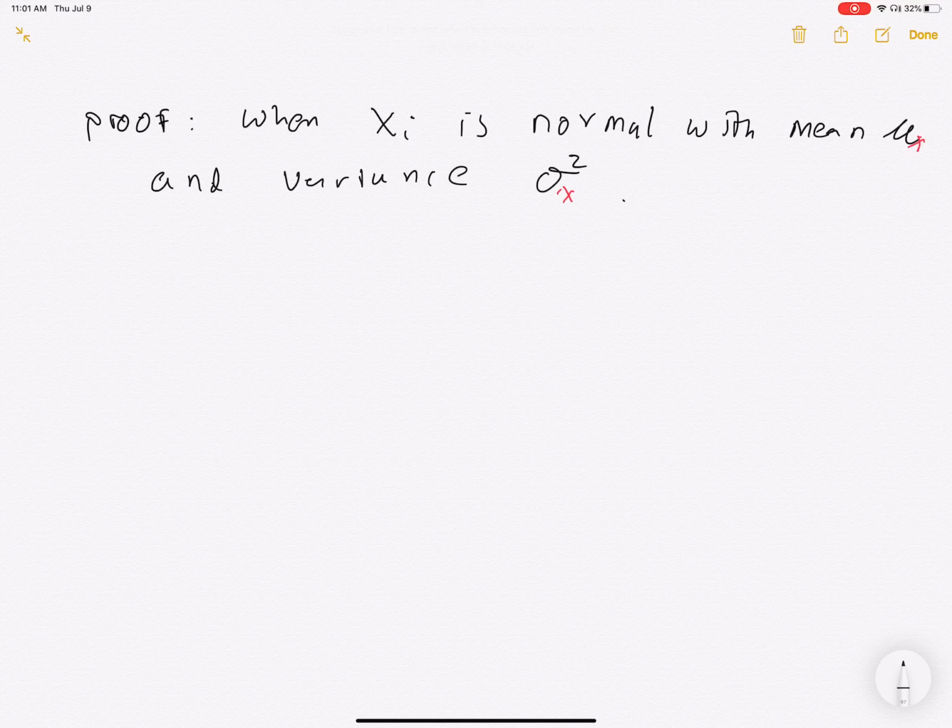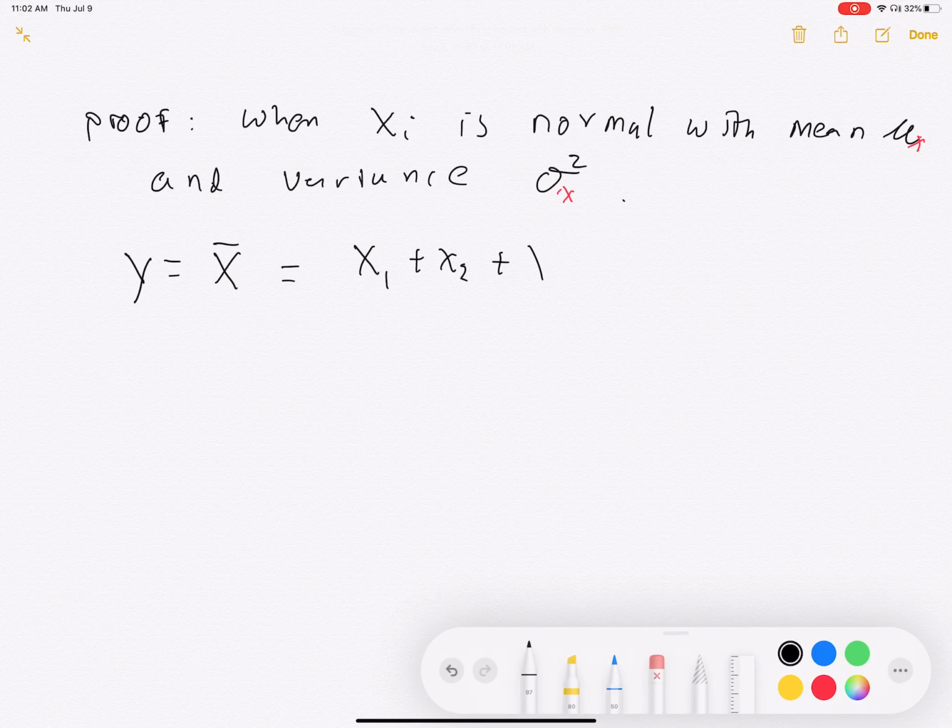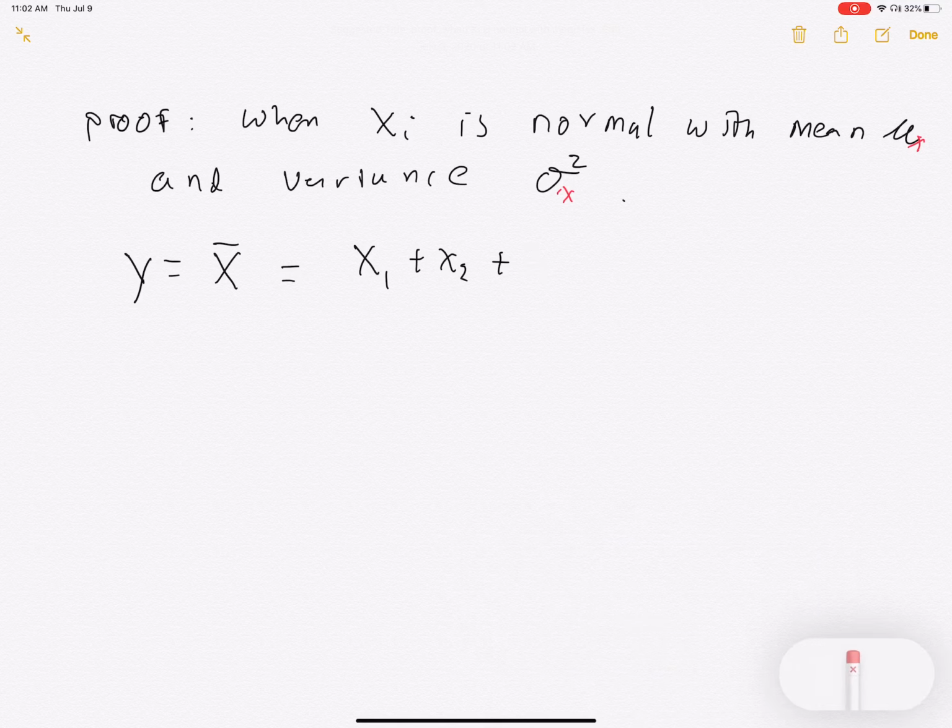Okay. So I'm going to let y equal to x bar. And x bar is going to be x1 plus x2 plus x sub n when we add everything up. So I need some dots here. Divided by n.